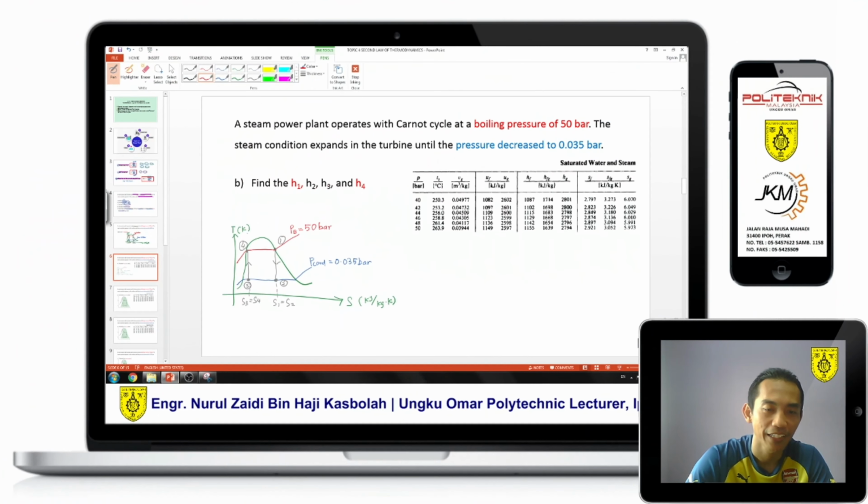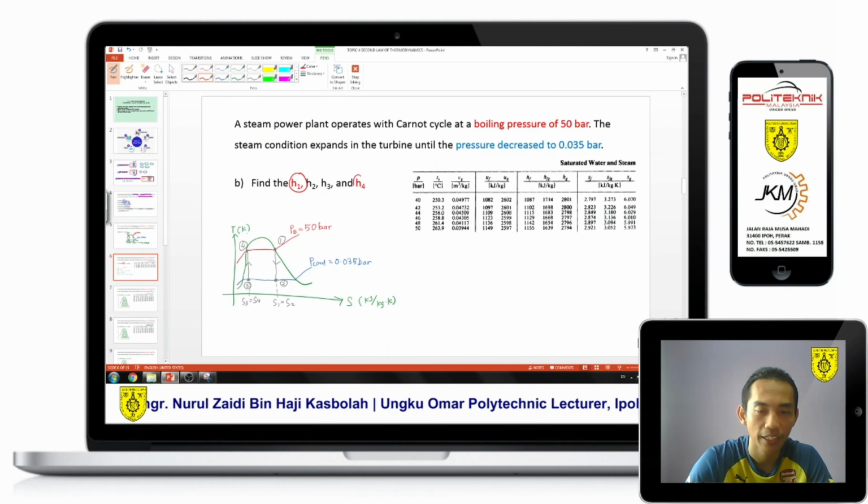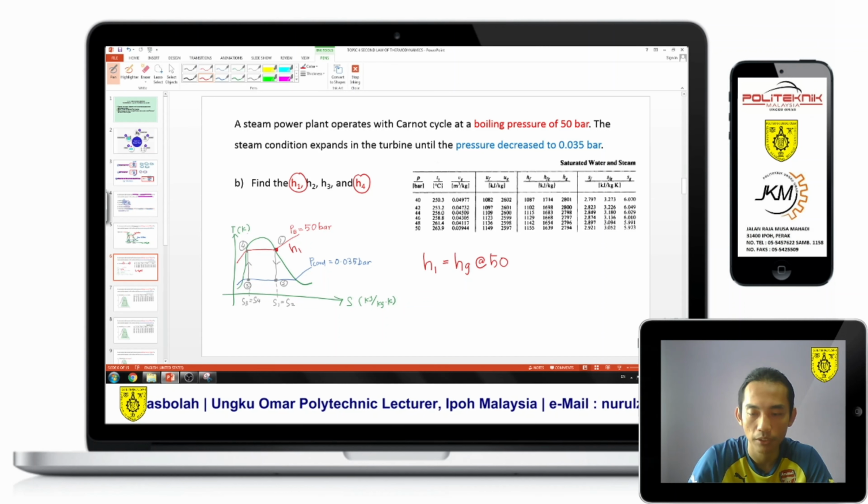Let's find H1 and H4. H1 is the value at enthalpy point number 1. H1 equals Hg at 50 bar.